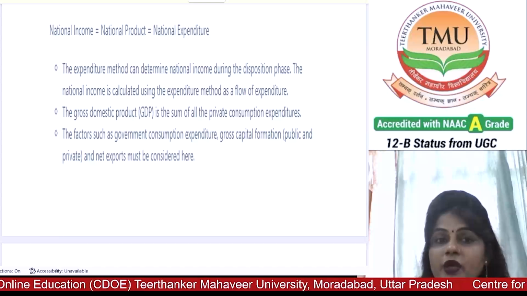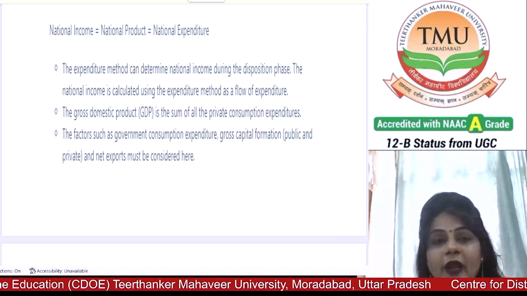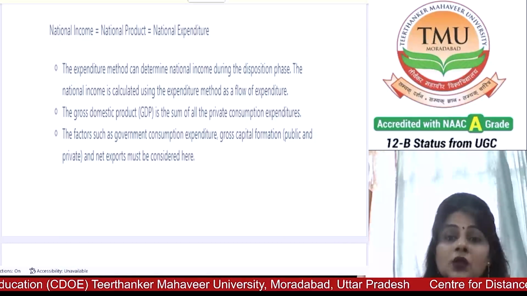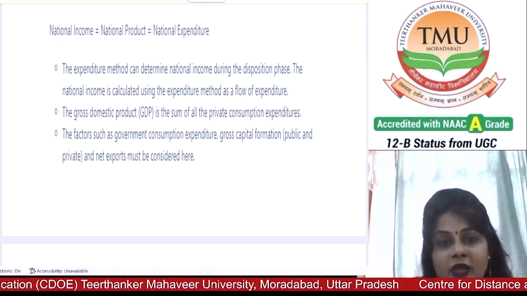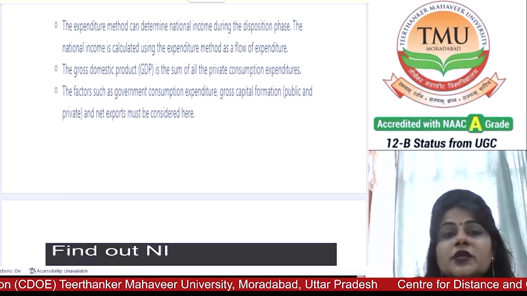The gross domestic product (GDP) is the sum of all private consumption expenditure. Factors such as government consumption expenditure, gross capital formation, public and private, and net export must be considered here.